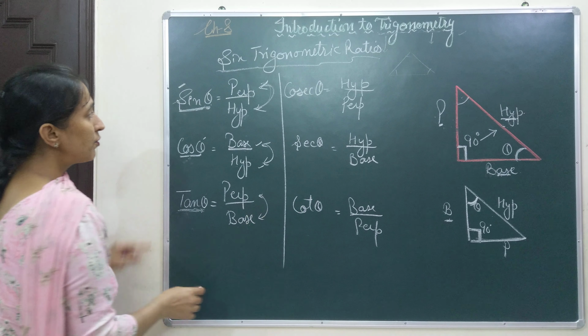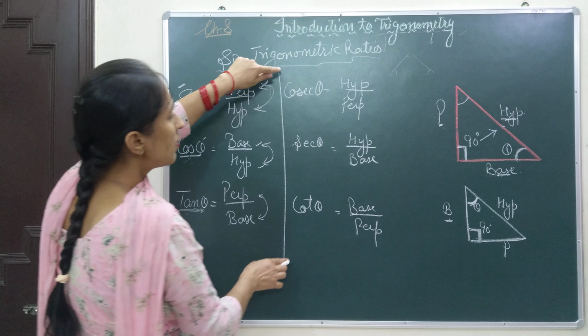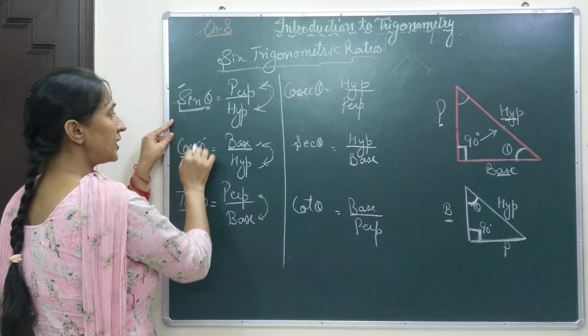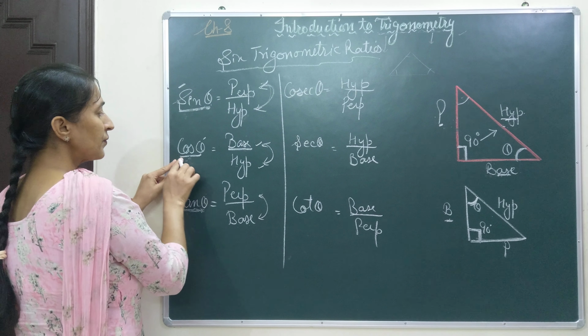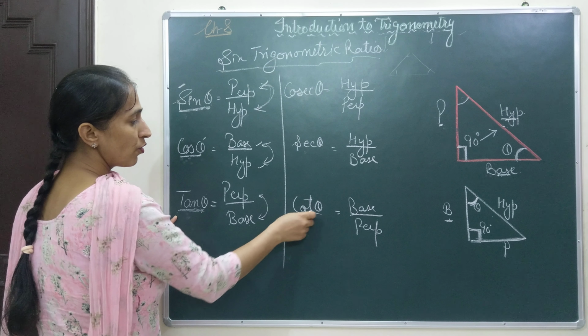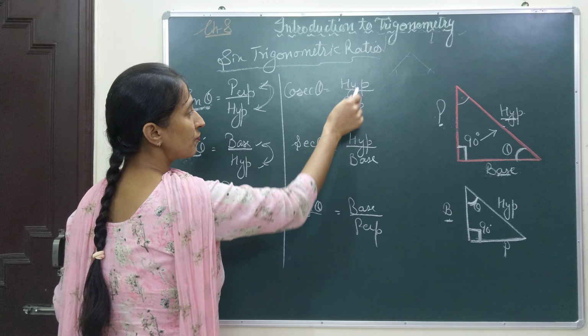So if you have learned these three ratios, we can find three further ratios which are just the reciprocals of these. Sin theta's opposite is cosecant, cos theta's opposite is secant, and tan theta's opposite is cot theta. Here also one thing will be missing and you have to find the other two.